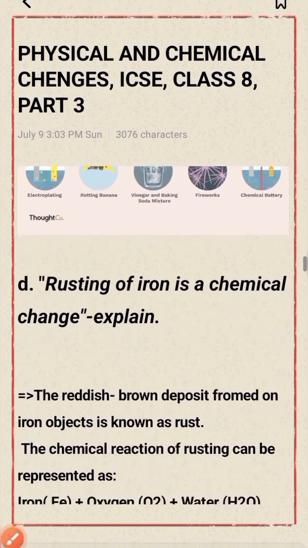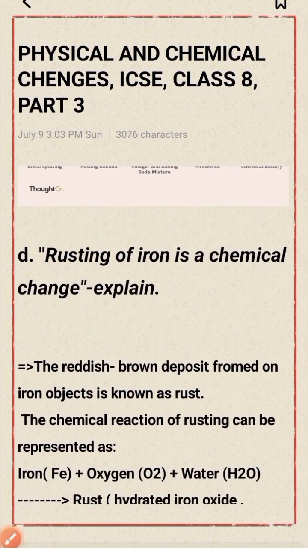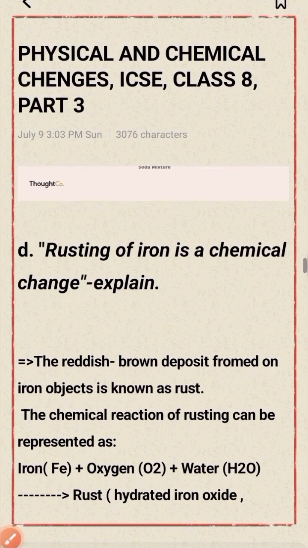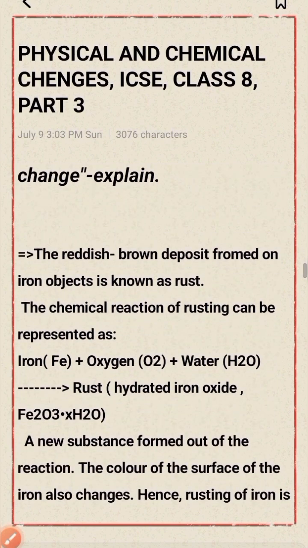Okay, next question: rusting of iron is a chemical change. Explain. The reddish-brown deposit on iron objects is known as rust. The chemical reaction of rusting can be represented as iron, that is Fe, plus oxygen O2 plus water H2O, forms rust, that is hydrated iron oxide Fe2O3.xH2O.